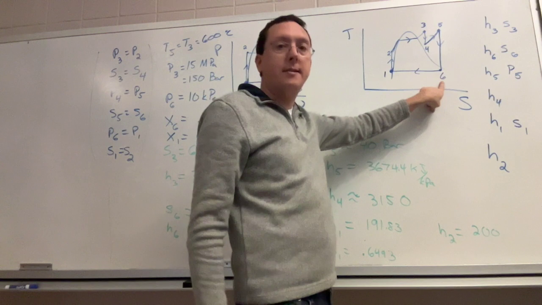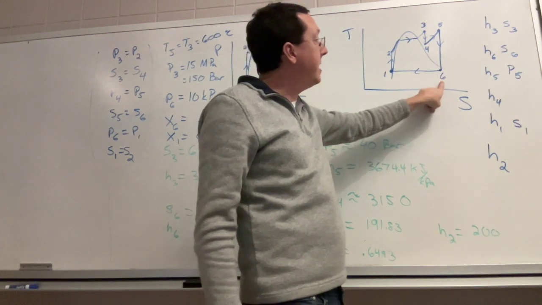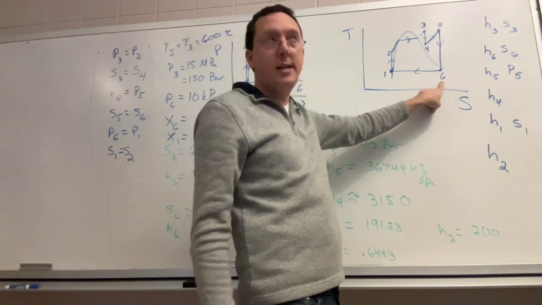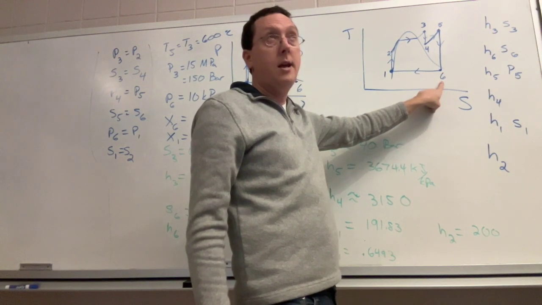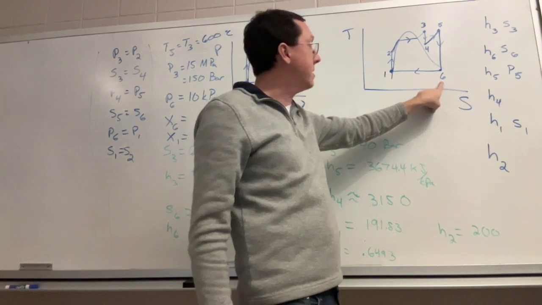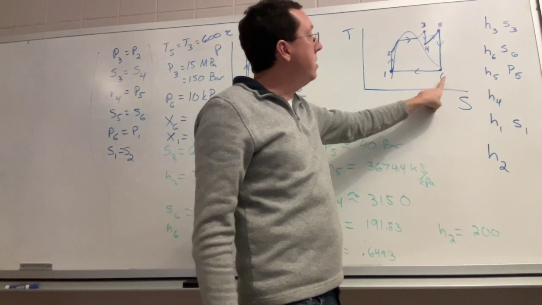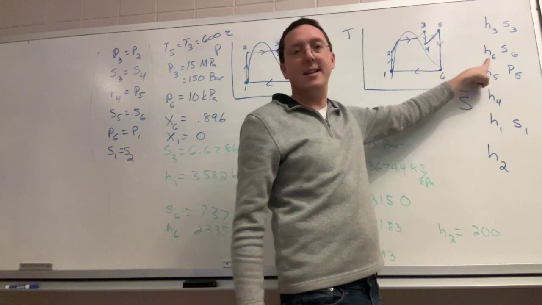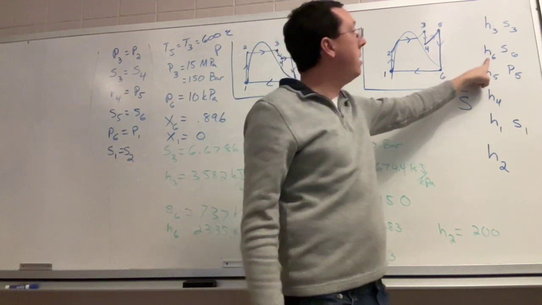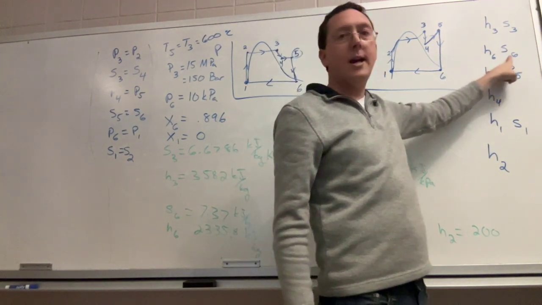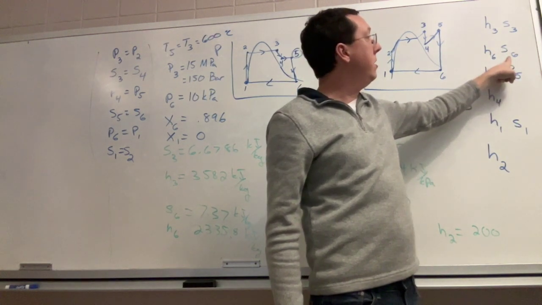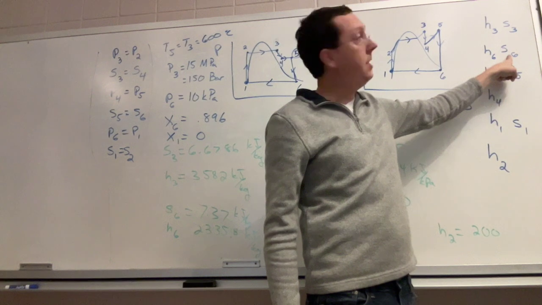Let's go to state 6. At state 6, we know the quality and we know the pressure. We know it's at 10 kilopascal, and we know the quality is 0.896. So what we can do at state 6 is look up the enthalpy, because we're always doing that. And then while we're there, use quality to find the entropy at state 6.